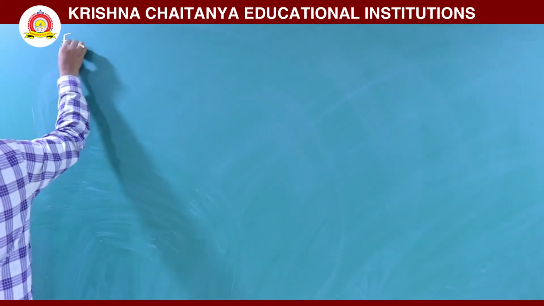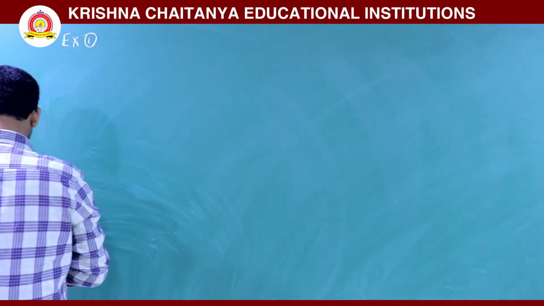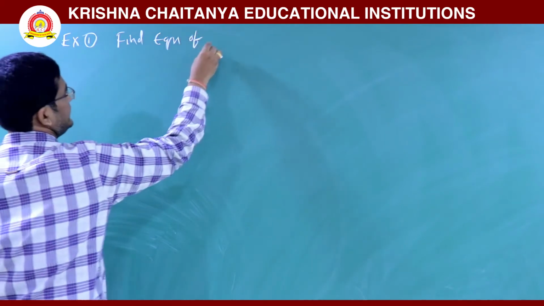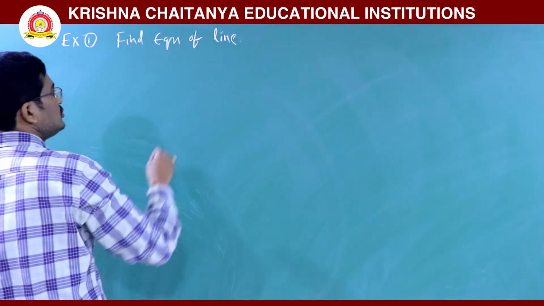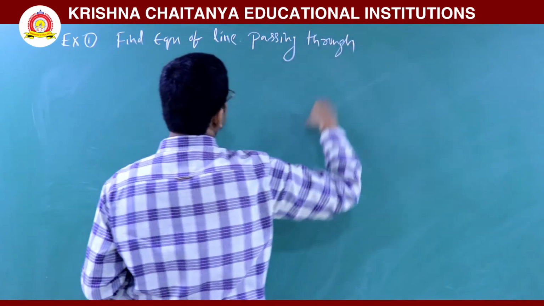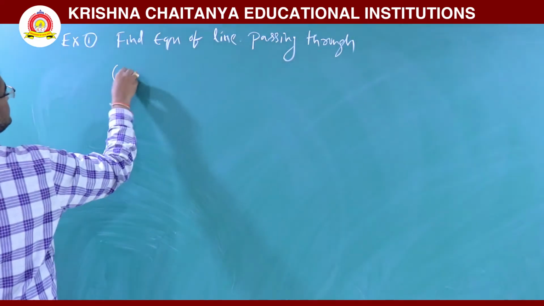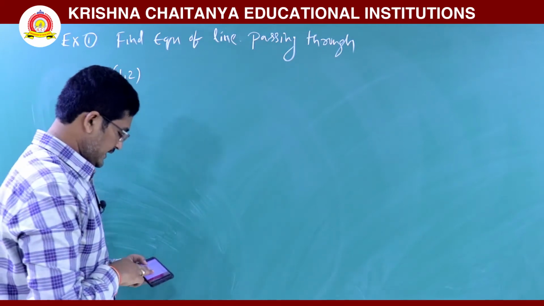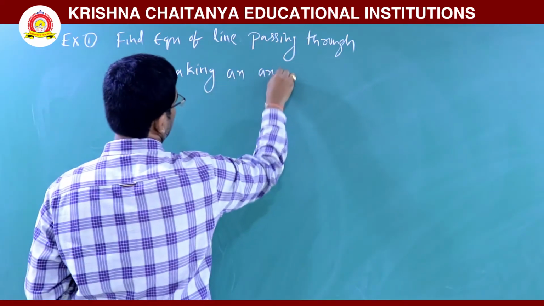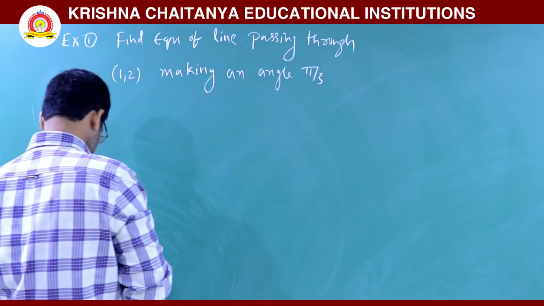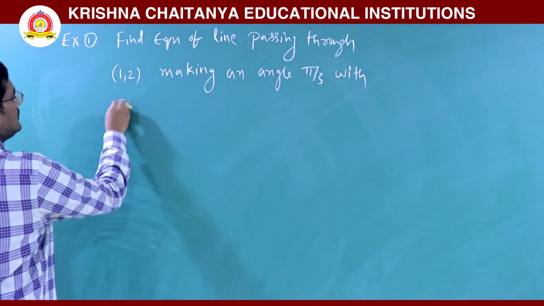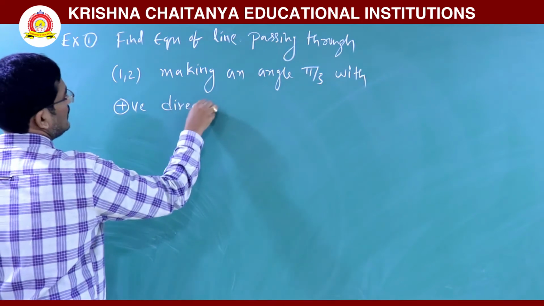The first rider, example 1: find the equation of the line passing through (1, 2), making an angle pi by 3 with the positive direction of x axis.